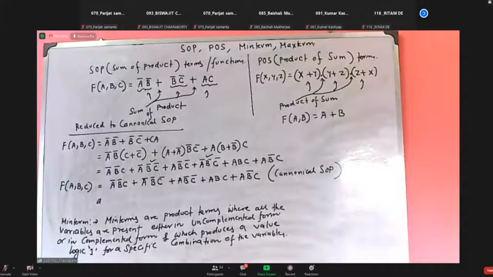So write it down. স্যার, কমপ্লিমেন্টেড ফর্ম মানে কী বোঝাচ্ছেন? যেমন A bar। ও আচ্ছা, হ্যাঁ ওকে স্যার। So all the product terms in canonical SOP form are the minterms, right?